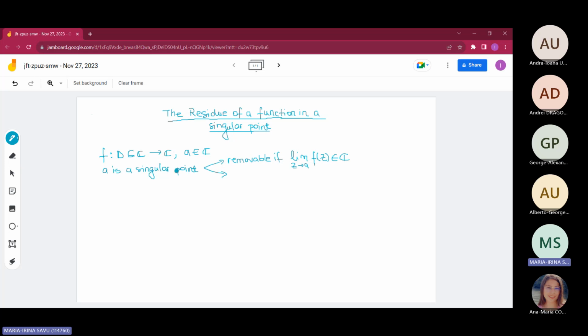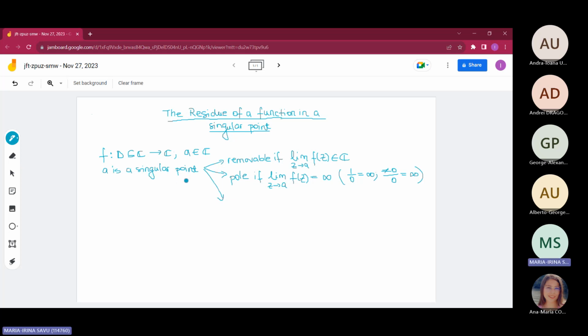Then A is a singular point which is called a pole if the limit when z goes to A from f of z is infinity, and here 1 over 0 means infinity, and actually if you have something which is not 0 over 0, it will give you also infinity.